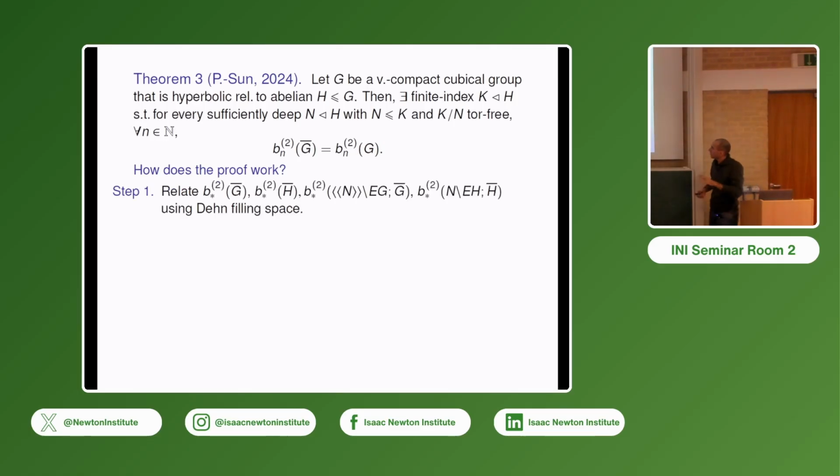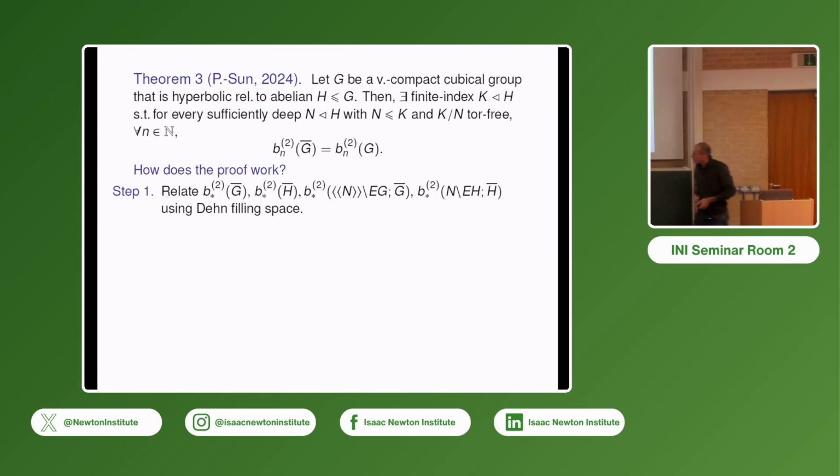So in the first step, what we want to do is relate L2 Betti numbers of G bar, H bar, this space with an action of G bar, and this space with an action of H bar. So notice that G bar is G mod the normal closure, which acts on EG mod the normal closure, right?